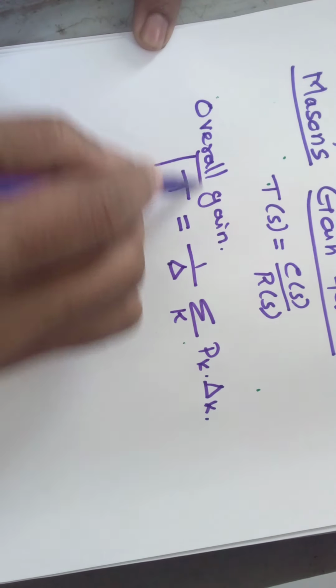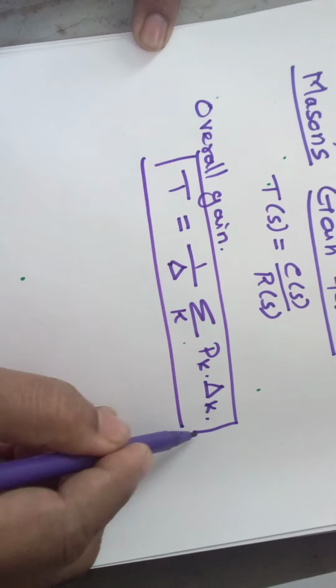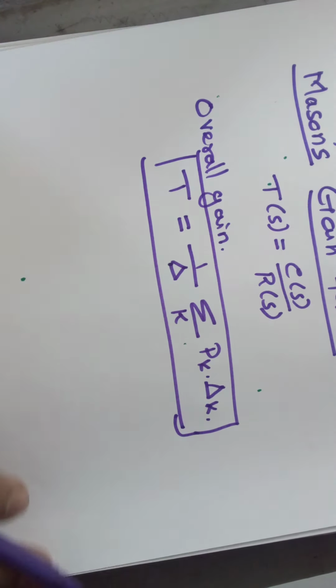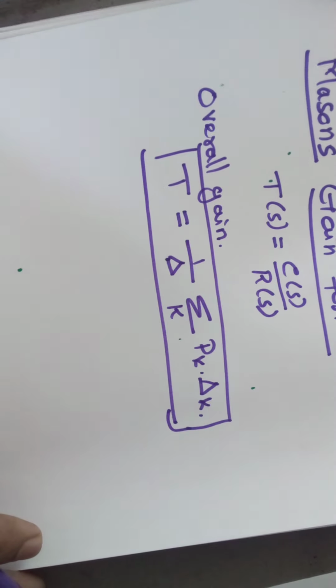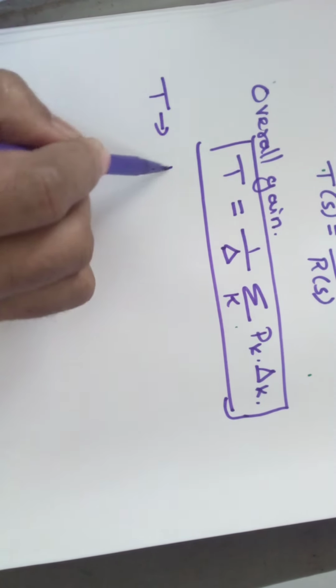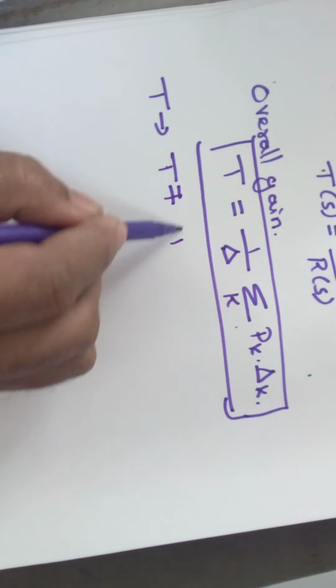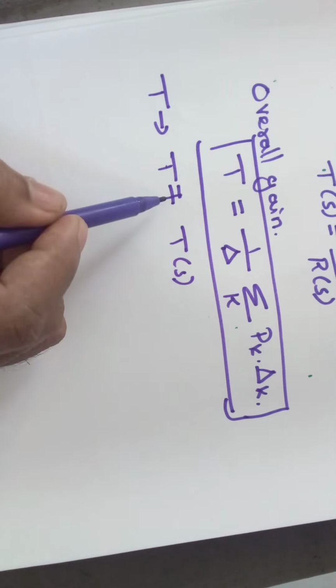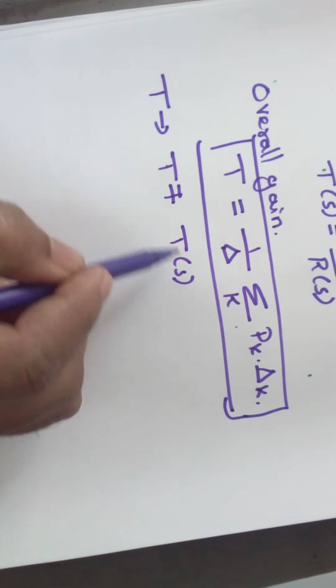This is Mason's gain formula. So let us see what all these things are one by one. This T represents T of S, the transfer function of the entire system.